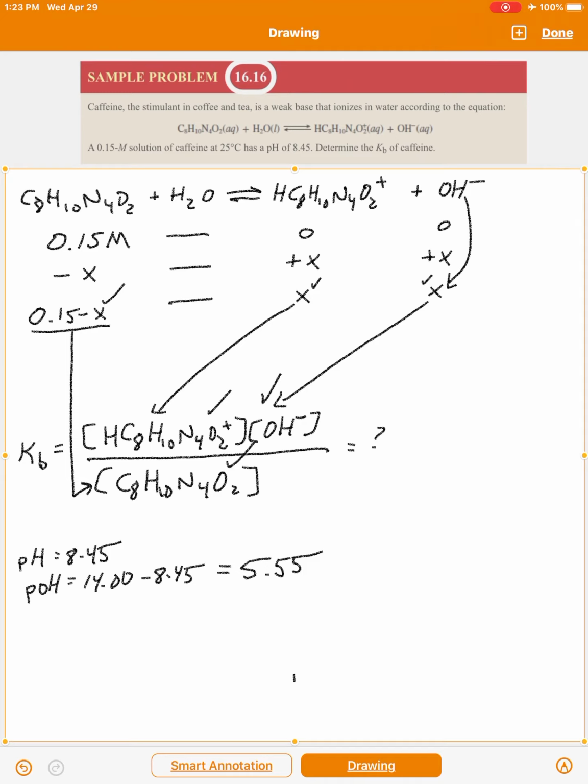So how do we go from pOH to hydroxide concentration? We went over that in a previous section: 10 to the negative pOH. So that would be 10 to the negative 5.55, which is perfectly fine, except that we like to have things in scientific notation.